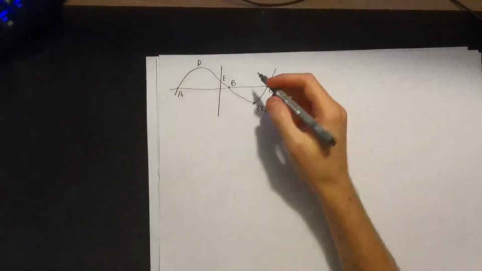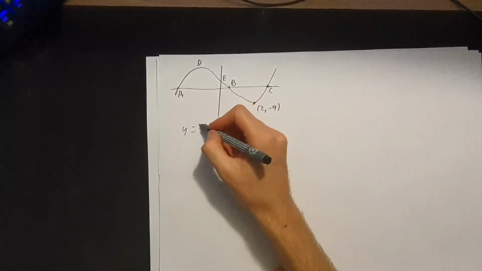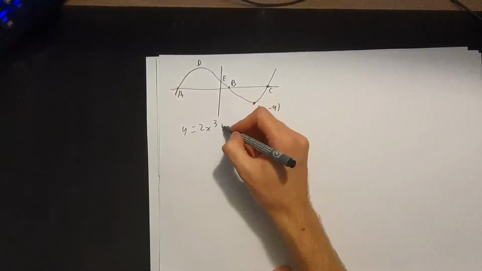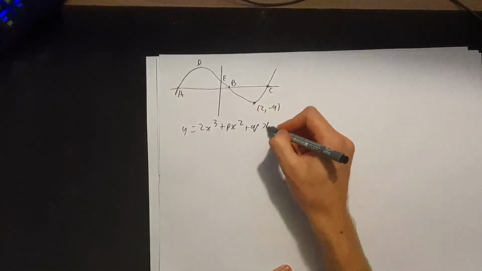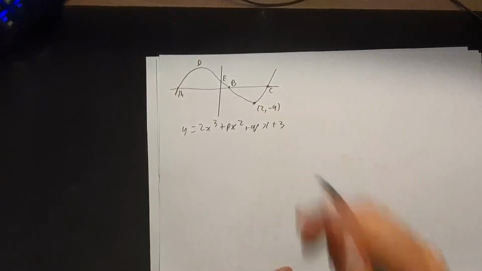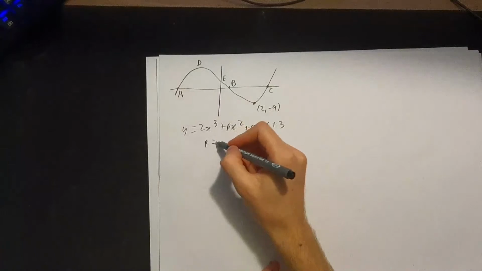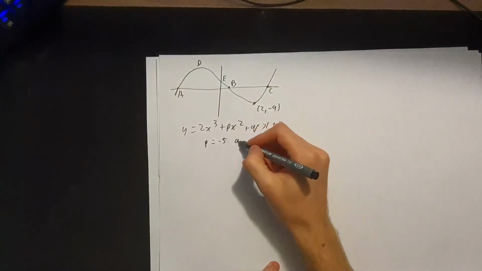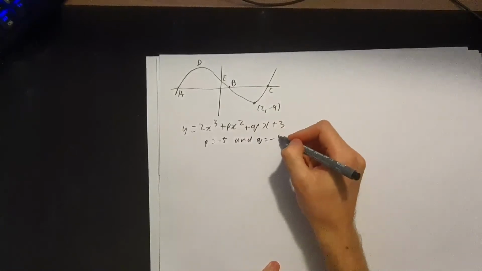They then give you the equation y equals 2x cubed plus px squared plus qx plus 3. And then they ask you to show that p equals -5 and q equals -4.